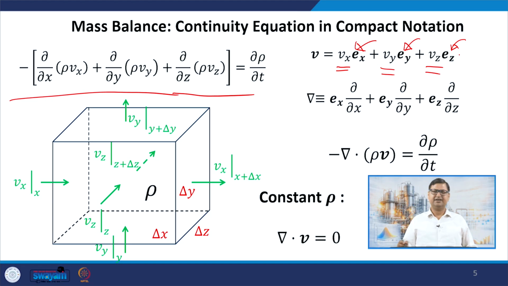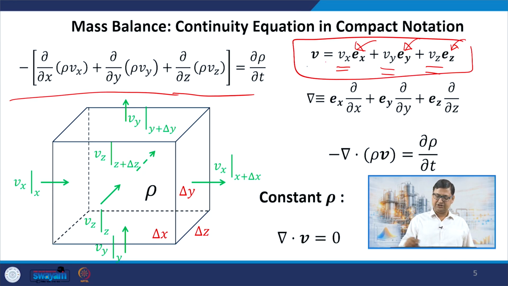So Vx Ex plus Vy Ey plus Vz Ez, where Vx, Vy, Vz are the magnitudes of the velocity components, and Ex, Ey, Ez are the unit vectors in x, y, and z directions. We can basically use that to write this mass balance equation in a vector notation or a compact notation.